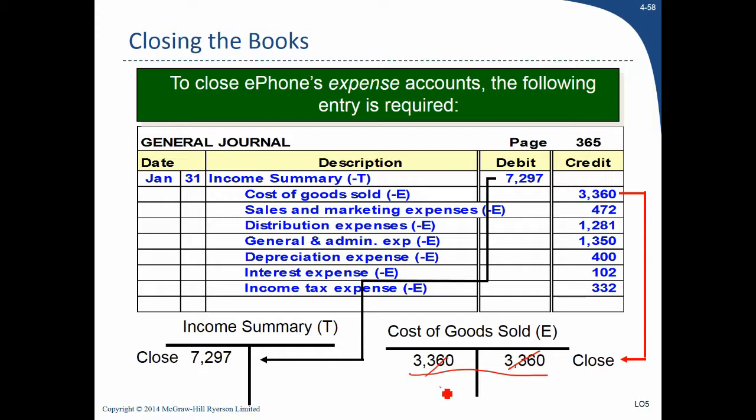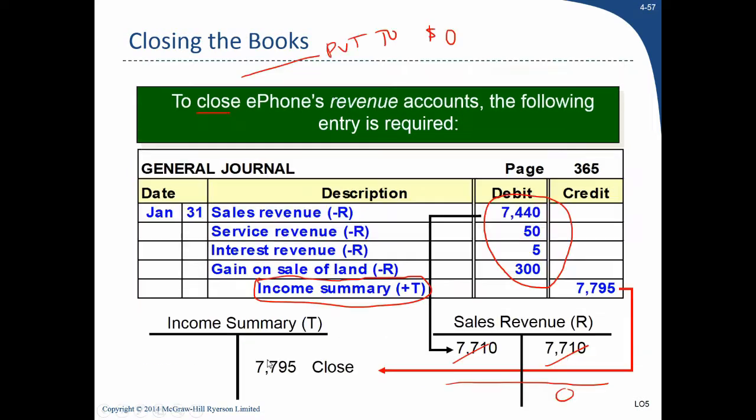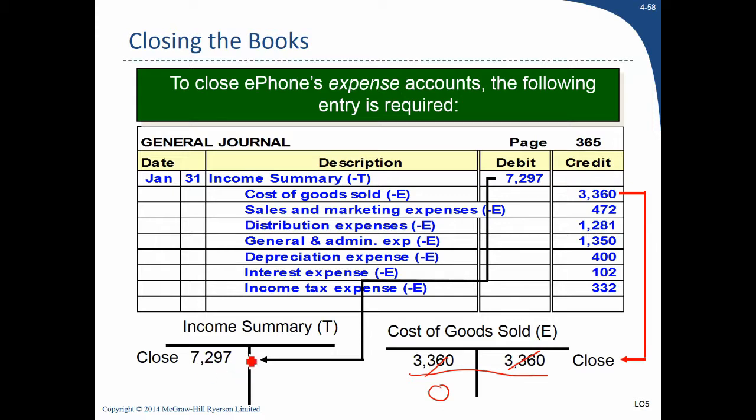This closes it out. The balance is zero. So we accumulate all of these credits to our expense accounts to offset them, to make them zero, and we put the debit to the income summary, okay? So here we credited the income summary $77.95. Here we're debiting the income summary $72.97.